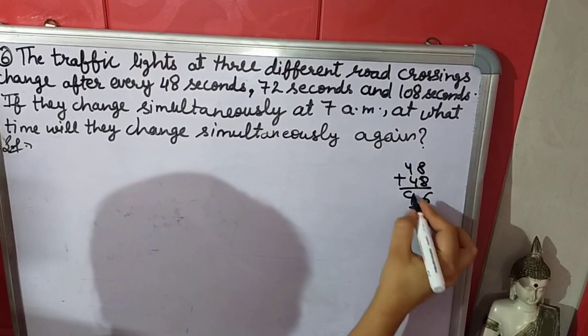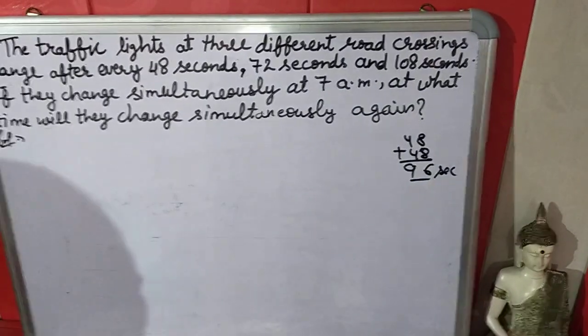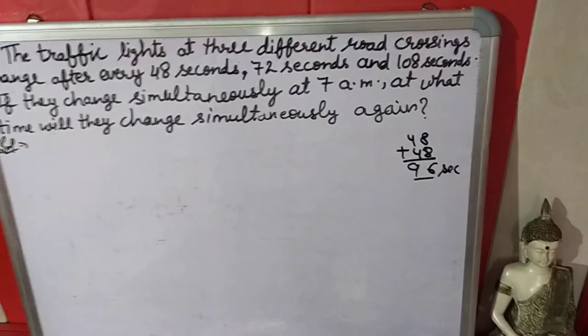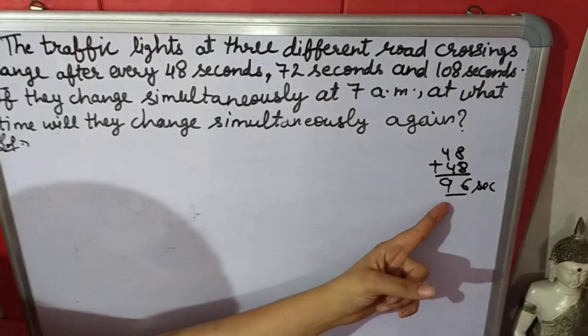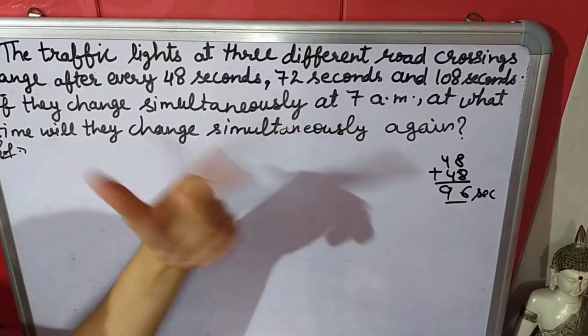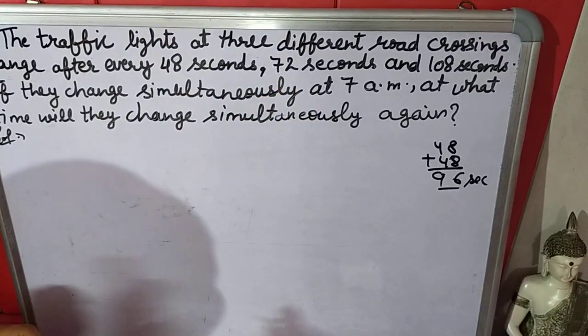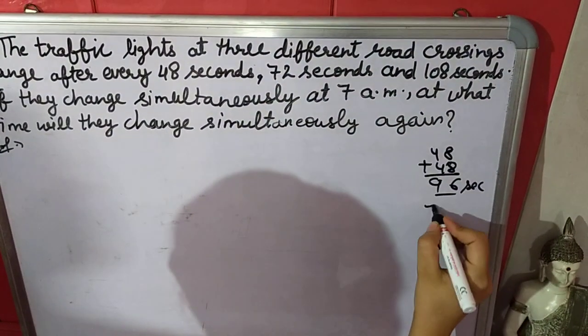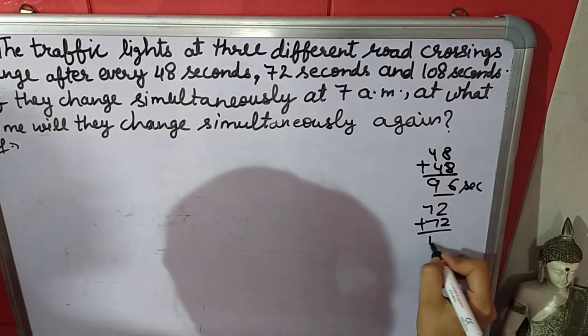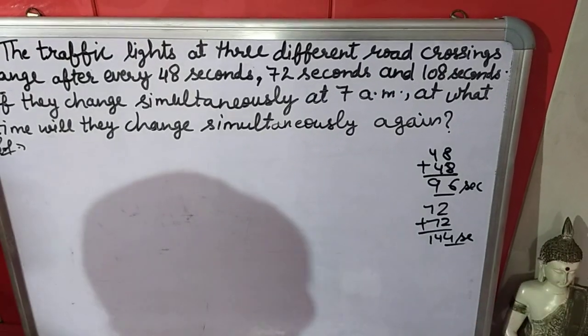It means at 96 seconds. So the green light will change after 96 seconds. Same, the yellow light will change after 144 seconds.